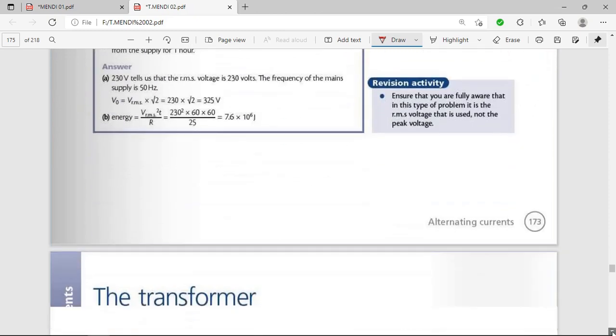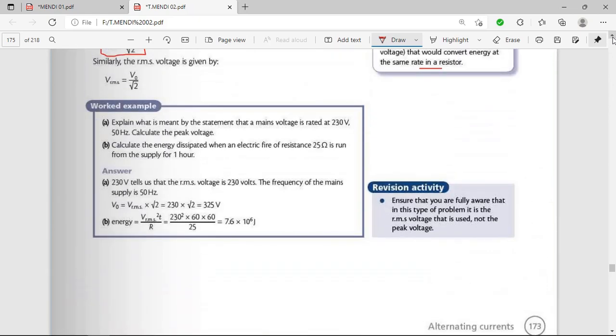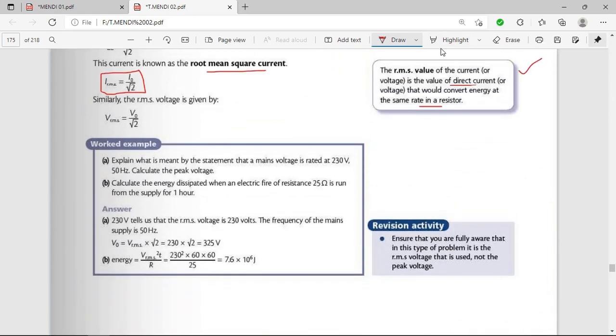Here we have this worked example. Explain what is meant by the statement that the mains voltage is rated at 230 volts, 50 Hz, and calculate the peak value. The rating tells us the root mean square voltage is 230 volts.